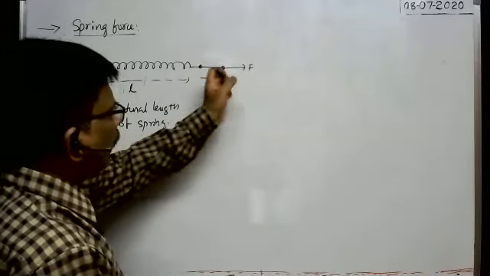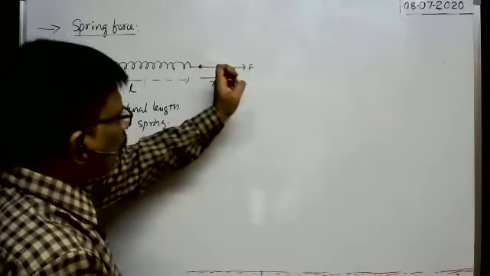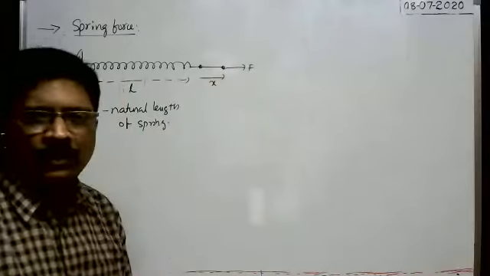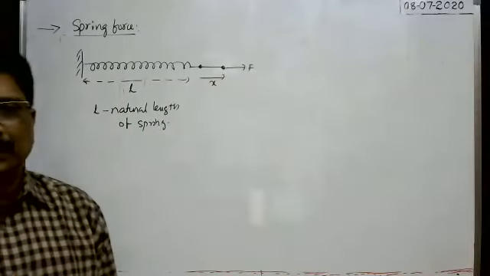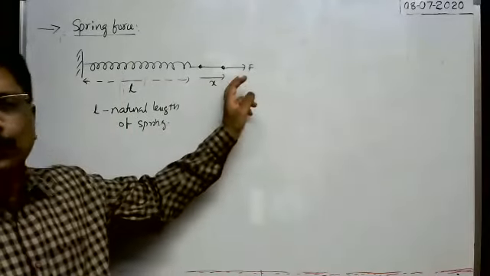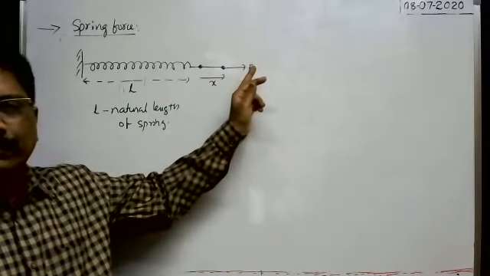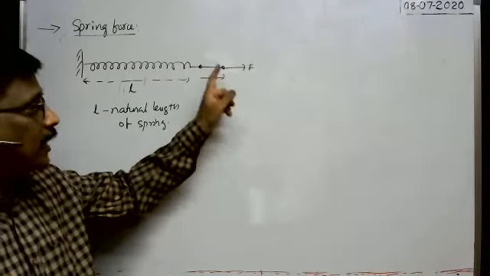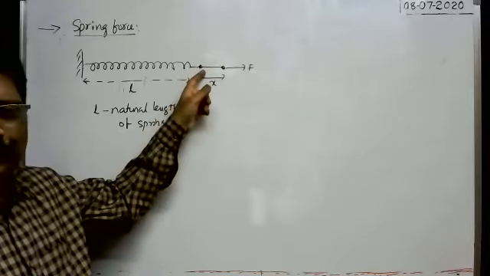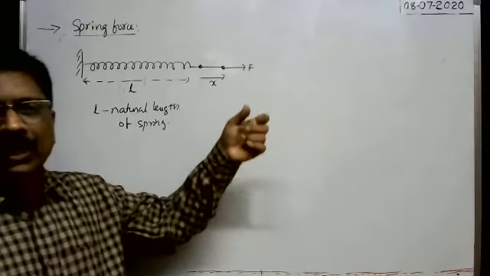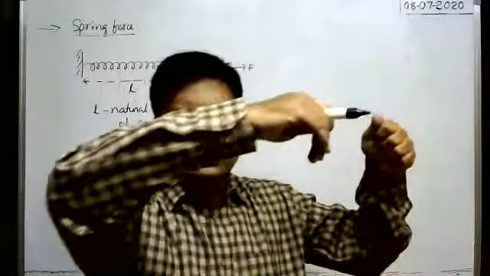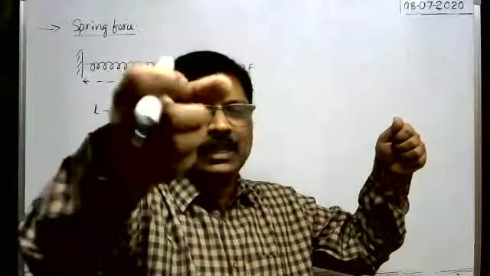At this position, when you remove the external force, what happens? The spring comes back to the original position, just like an elastic rubber cord. When you apply a force on the rubber cord, extension takes place, and when you remove the force, it comes back to the original position.